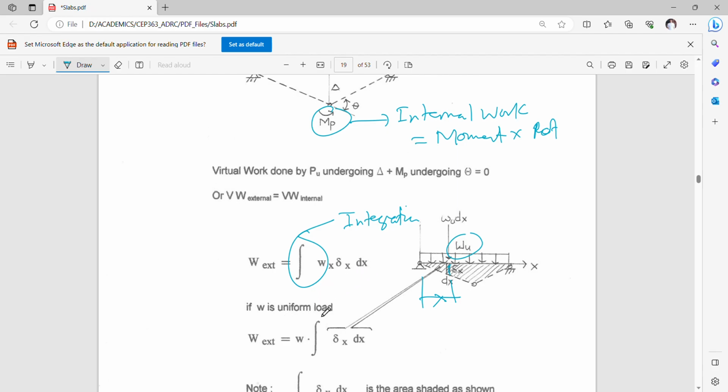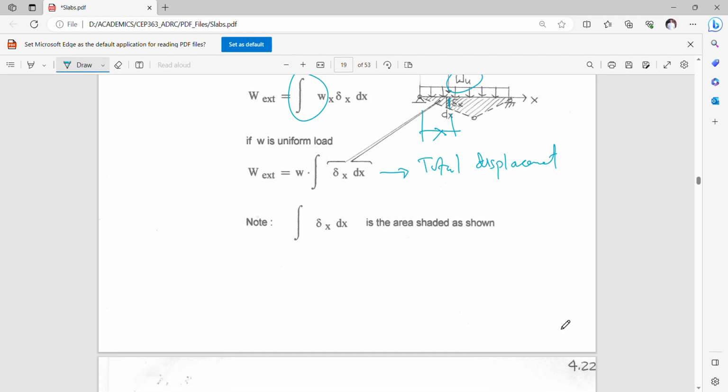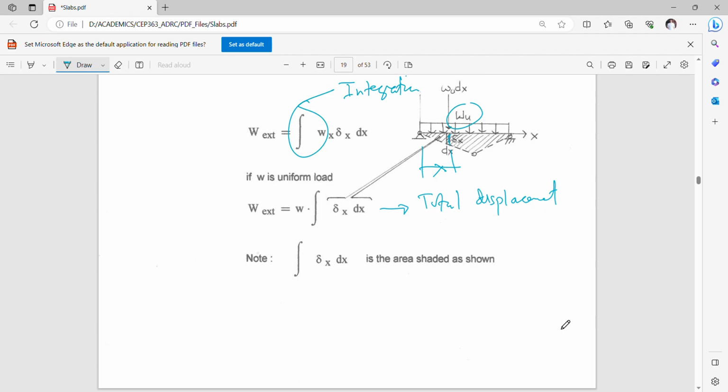If W is uniform, then we can place W outside because this is constant, and this will be now simply your total deformation, since the integral of delta x dx is simply the total displacement. Take note that the integral of delta x dx is the area under the curve, and work here is simply pertaining to the area or the energy.